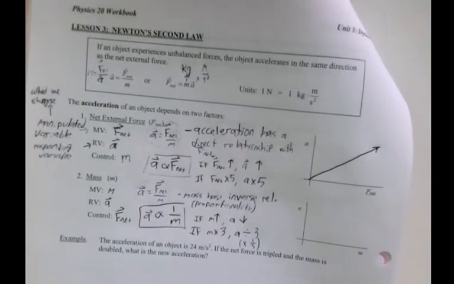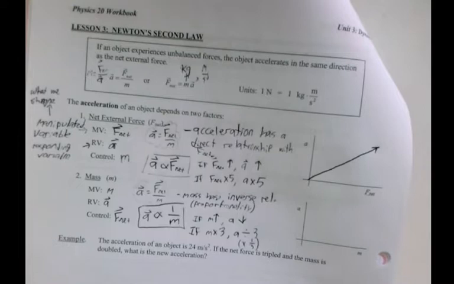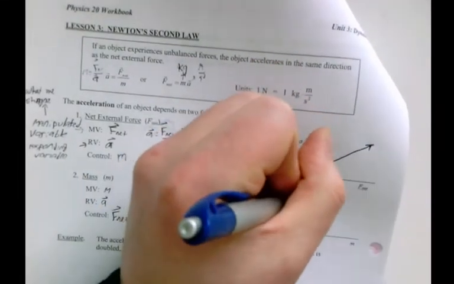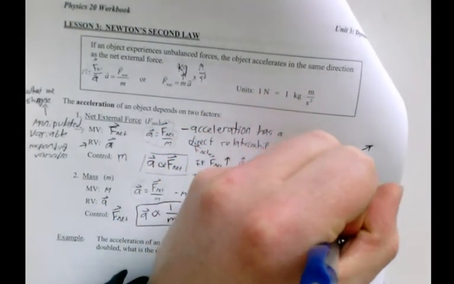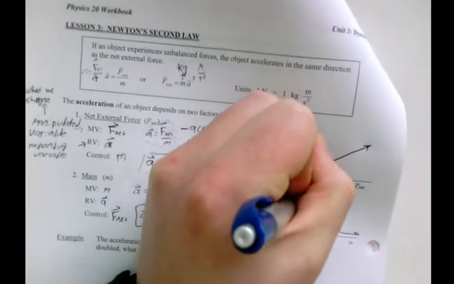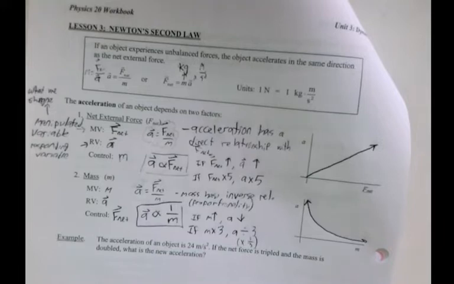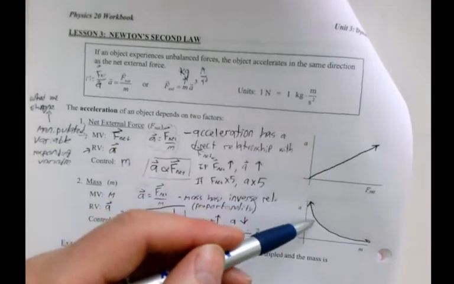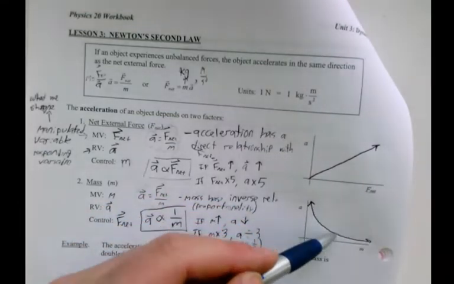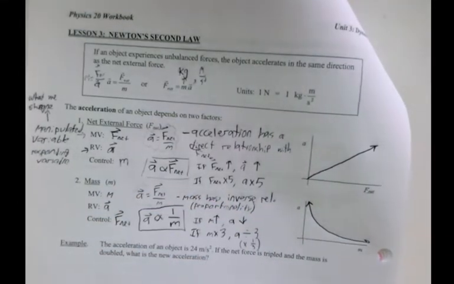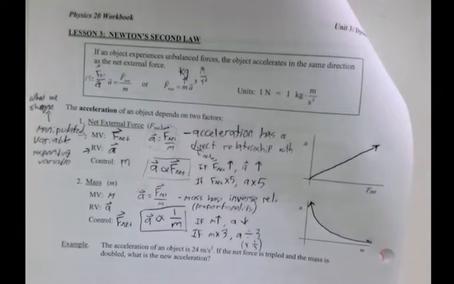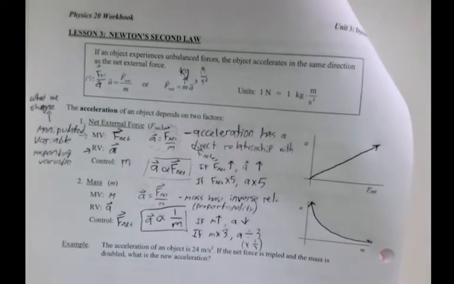And when we graph any inverse relationship or inverse proportionality, maybe you've done graphing in math recently, if not, you can punch this in your graphing calculator at home, and you'll see that we have this nice curve going down, 2 asymptotes, the x and the y axis. There's our inverse relationship graph.